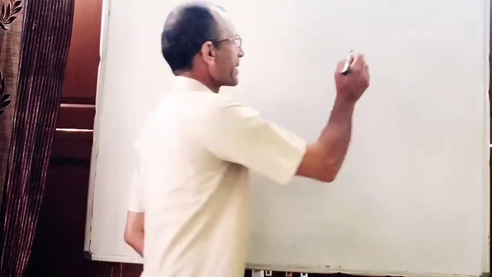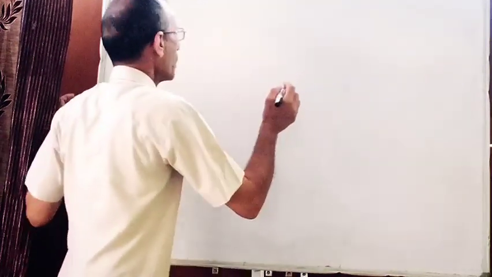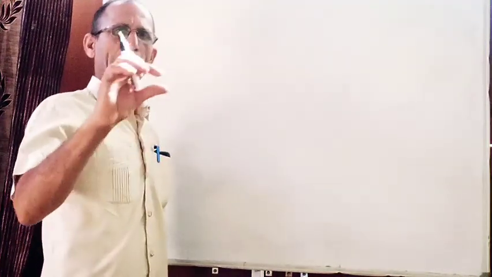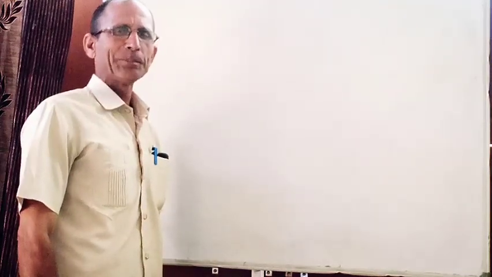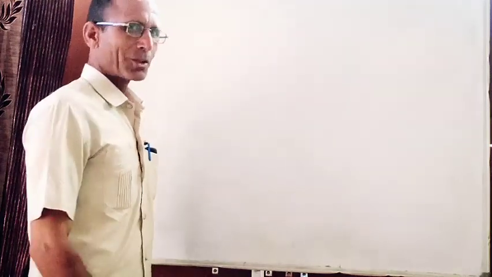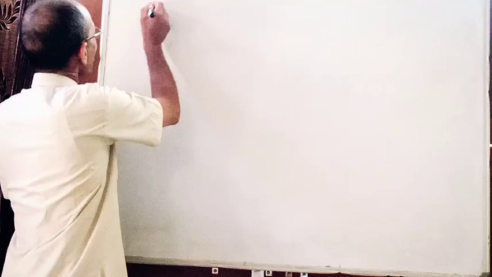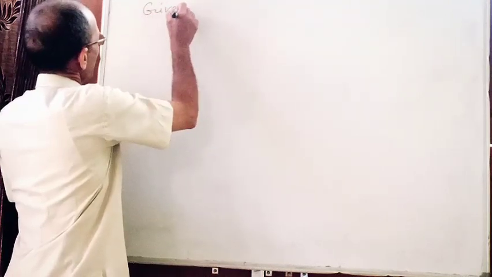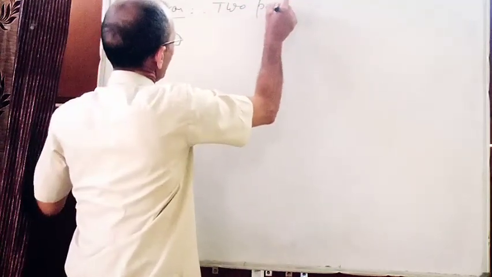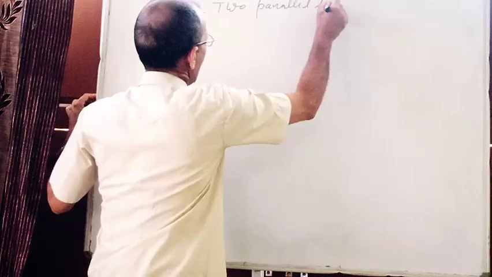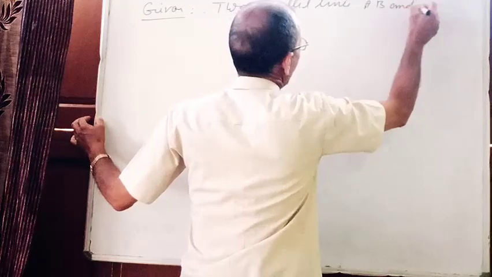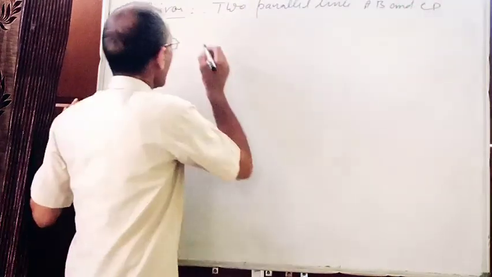So if two parallel lines. Given: first of all, the statement I will not write; you will understand yourself. If two parallel lines are intersected by a transversal, then corresponding angles are equal. We have to prove this one. So what is given? Given two parallel lines AB and CD.